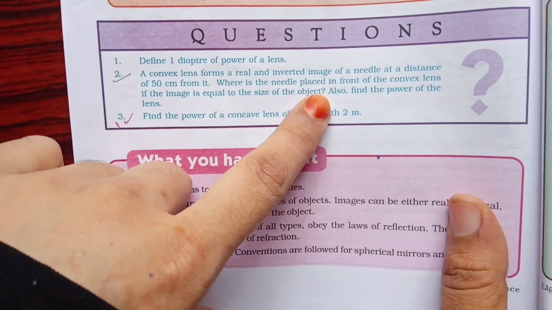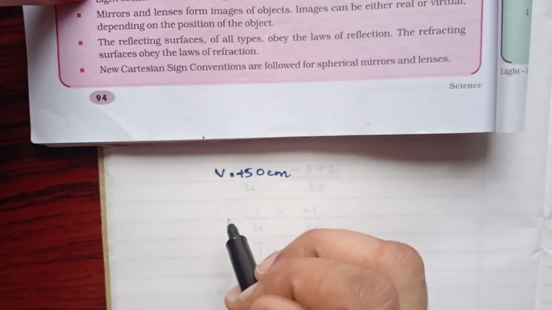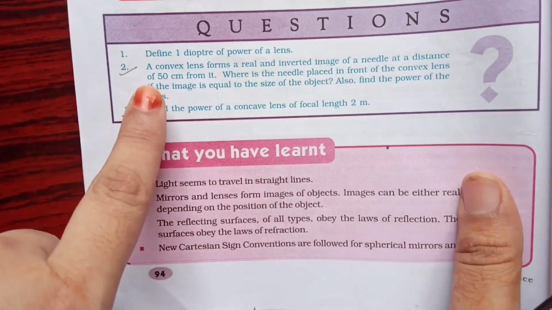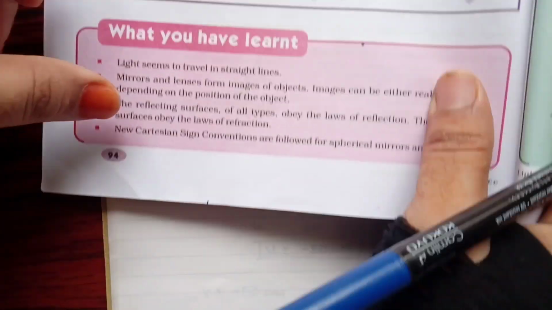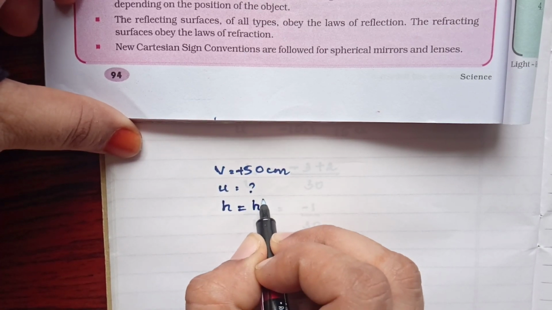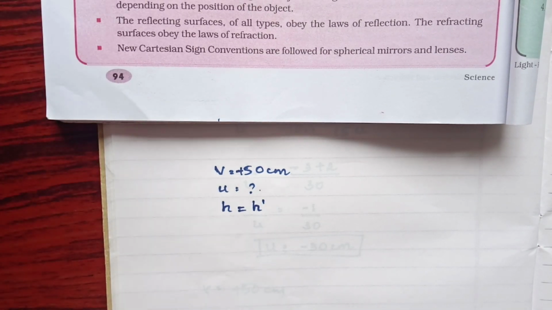Next, where is the needle placed in front of the convex lens? I need to find my object distance. And they have given me a condition here, if the image is equal to the size of the object. My size of the object and size of the image is the same. So I need to find, if this is the condition, what will be the position of my object.